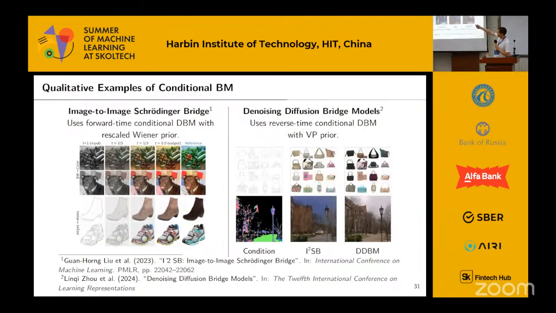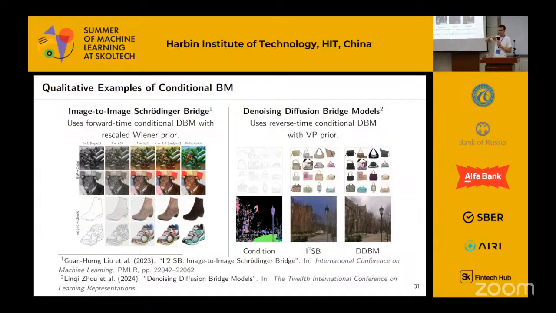So it works. These are paired image-to-image translation problems, and there are two main papers related to these conditional diffusion bridges. One is from NVIDIA, the second is from some other authors. In the paper from NVIDIA, they consider this conditional bridge matching in forward time, so forward conditional Markovian projection, in the denoising diffusion bridge model.